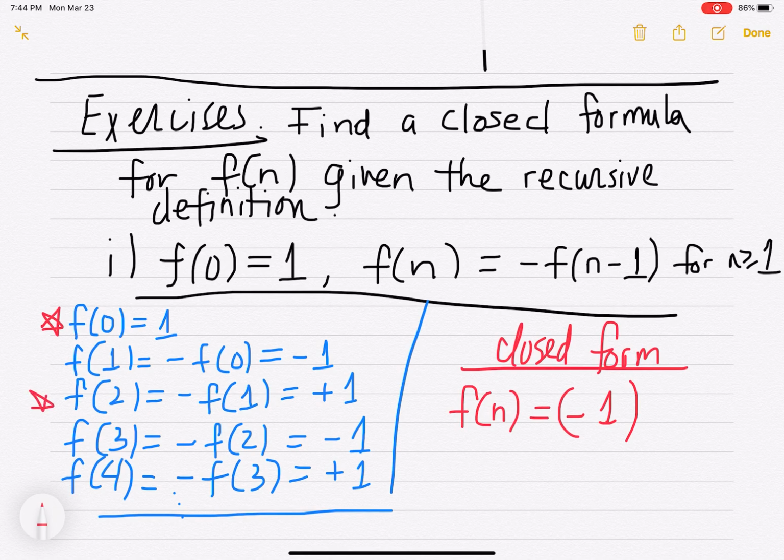So for even terms, you get a positive 1, and for odd terms, you get a negative 1. Even terms, positive 1. Odd terms, negative 1. So you're going to use negative 1 to the n power, right? This is n greater than or equal to 0, because your first term is 0. So that'll work.